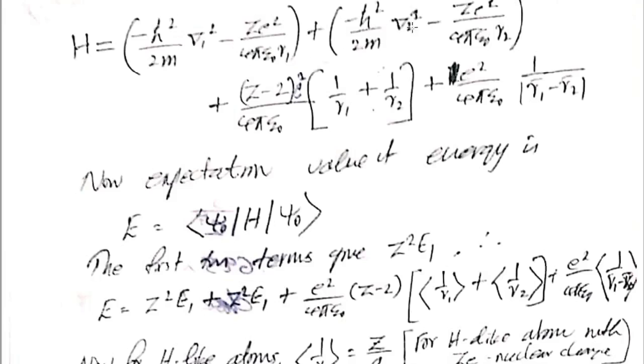So the expectation values of these two terms are Z² E1 and Z² E1, so they will give Z² E1 plus Z² E1.